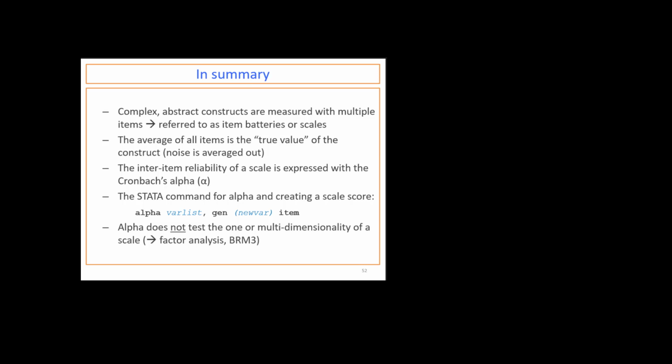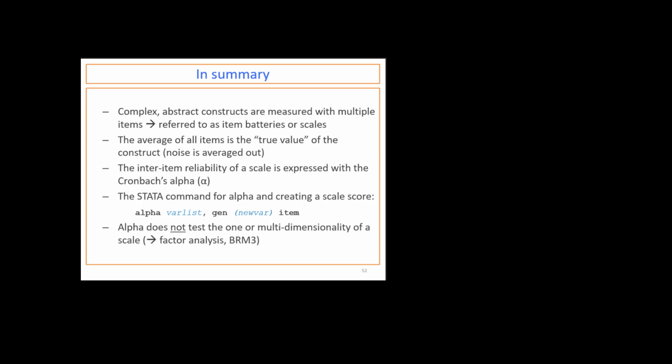Okay, so in summary, complex abstract measurements are not measured with one single item, but can be measured with scales, also referred to as item batteries. And that is a better idea, because then you will have multiple items to measure something, and that will average out the noise.